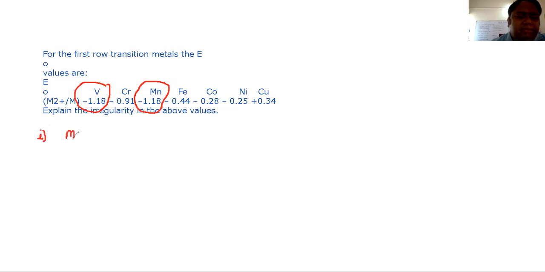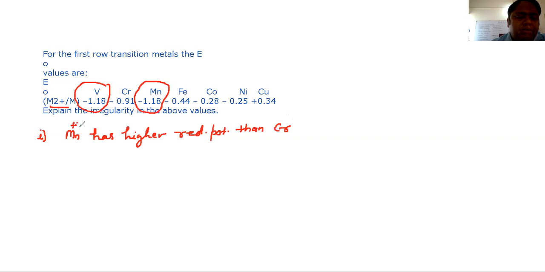Manganese has higher reduction potential than chromium. Now, if I say manganese, it will be wrong because they are giving this state.